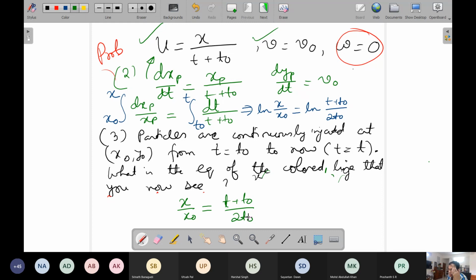Similarly, what is regarding the y? So you have dyp is equal to v0 into dt. So you integrate: at time equal to t0 you have y equal to y0, and at time equal to t, y equal to y. So this will give y minus y0 is equal to v0 into (t minus t0).